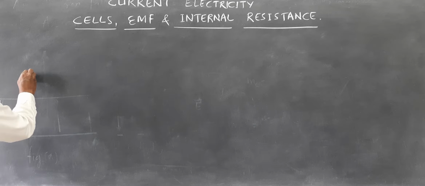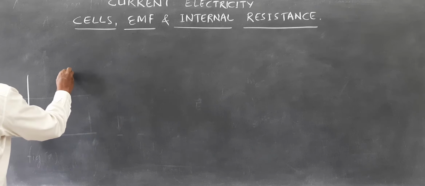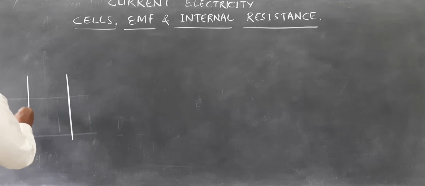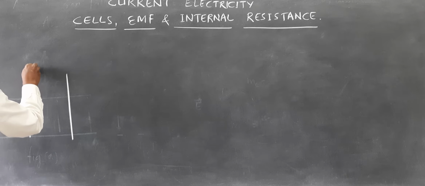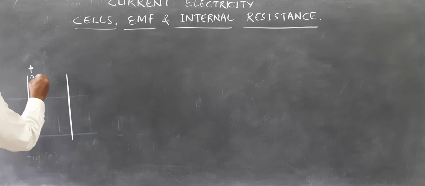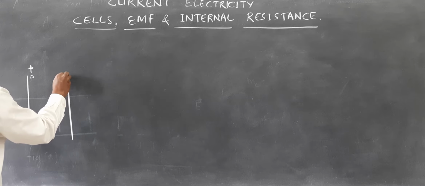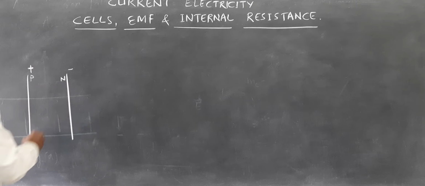It consists of two electrodes, negative and positive. One is called the positive electrode P, another one is called the negative electrode N, right?